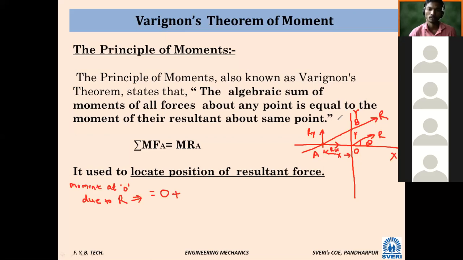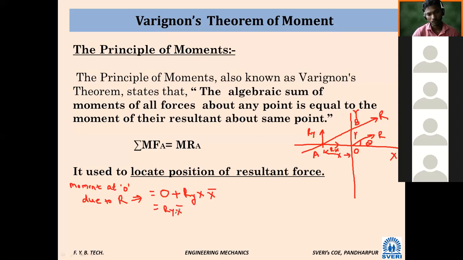What is the perpendicular distance, or minimum distance, between point O and A? X. So it will become Ry into X, we can say X bar. So whatever this moment is, it will become Ry into X bar. Now our aim is to calculate it.